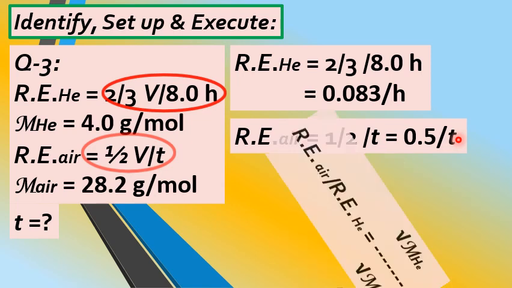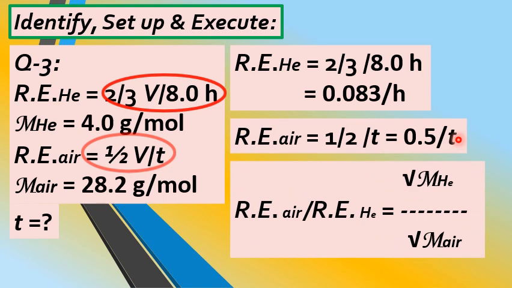And as usual, we will be using the Graham's law of effusion equation. That is, the ratio of the rate of effusion of air to that of helium is just equal to the square root of the molar mass of helium divided by the square root of the molar mass of air.